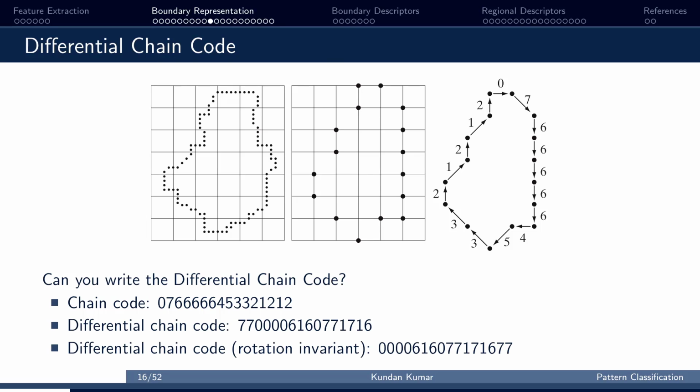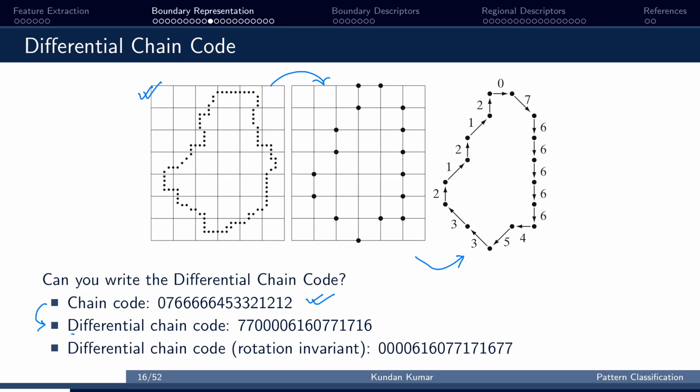So here we have these boundary pixels, and then we obtained the grid points. Then we have written the numbers associated with the line segments, and then we have written our chain code, and then this chain code is transformed to the differential chain code to make it rotation invariant.